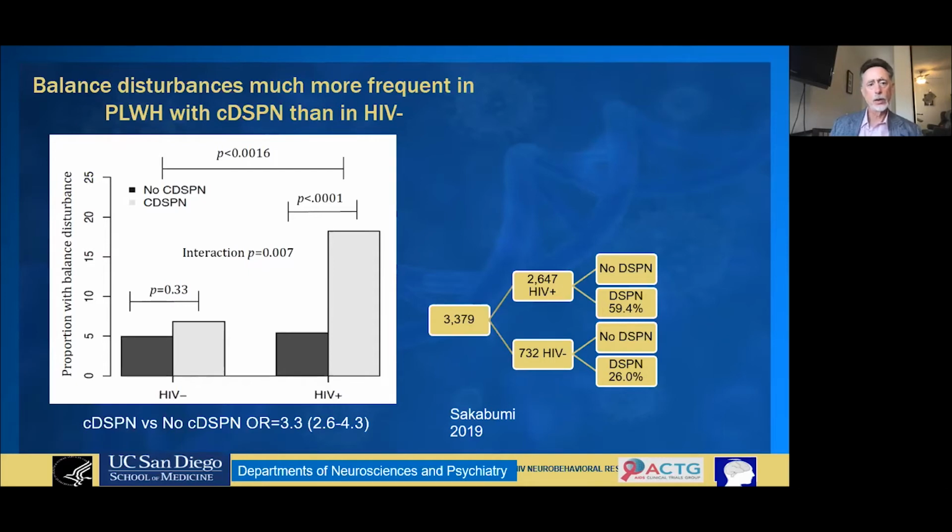As you know, falls are a major source of morbidity in people with HIV and in the general population. And although neuropathy does not seem to be noticeably predictive of balance problems in the non-HIV population, in people with HIV, it's a highly significant risk factor. And this is based on a study of almost 3,400 participants.